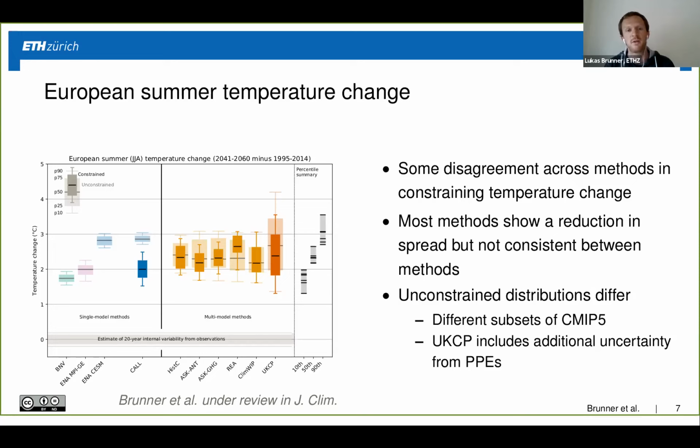But there are other methods which also narrow uncertainty but shift the distribution a little bit downward compared to the unconstrained one. And then, as I already mentioned briefly, there's the Klimburg method, which doesn't change the distribution. So these are 3 things that are happening here.